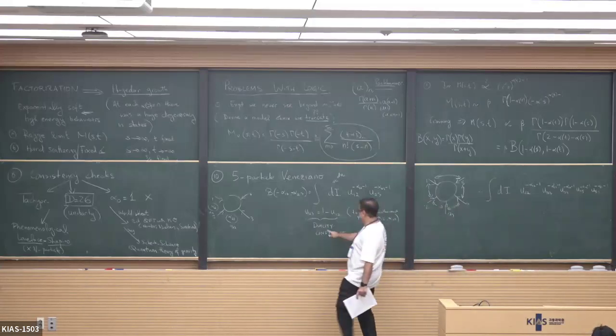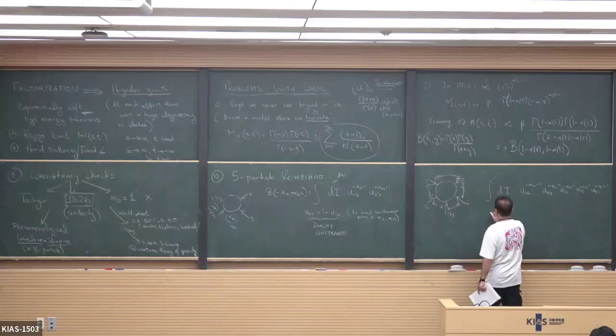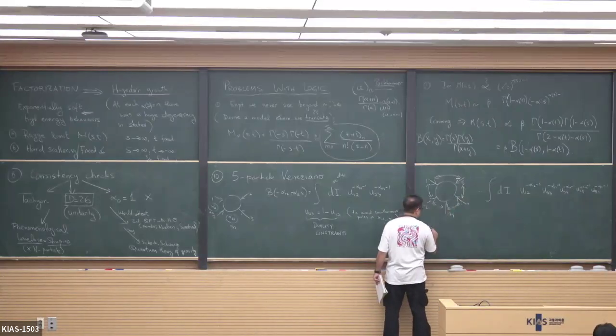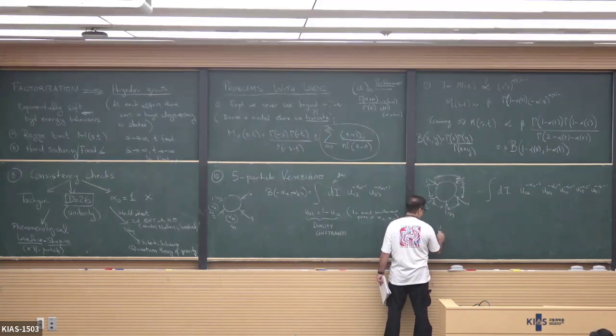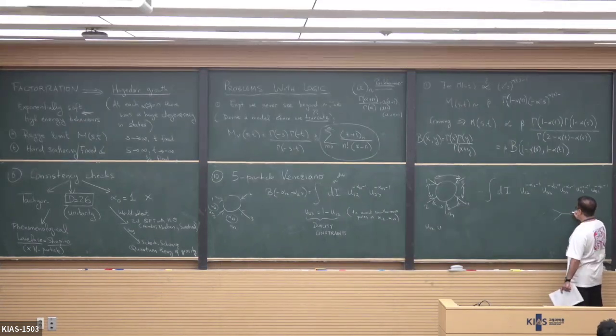Second step is to identify what you mean by the duality constraints here. We don't want simultaneous poles in U1,2. And now, what are the dual variables in this particular case? To understand that, let's consider an example. Suppose you are considering phi cube theory, let's say colored scalars.